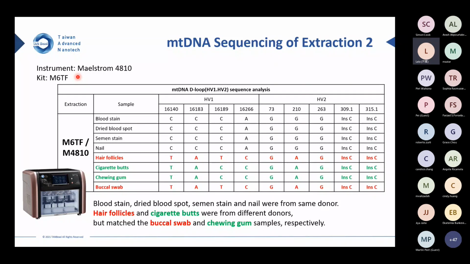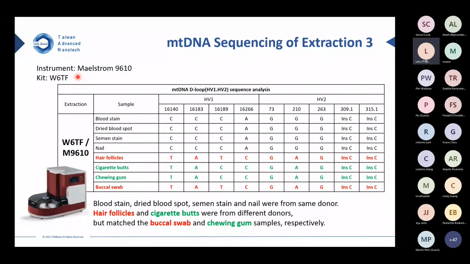Now we will also compare it to the result of extraction using Maelstrom 9610, which also produces the same result. So here we can be very sure that extraction using different types of TANBead instruments and kits will produce results that are stable and replicable.